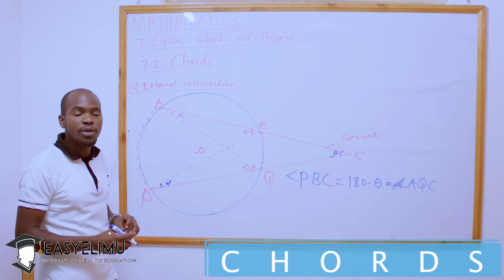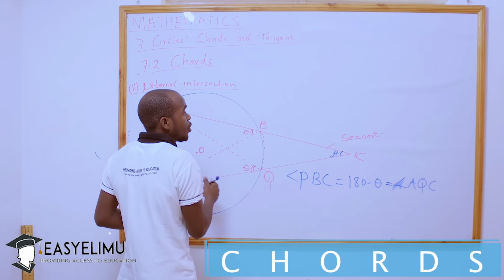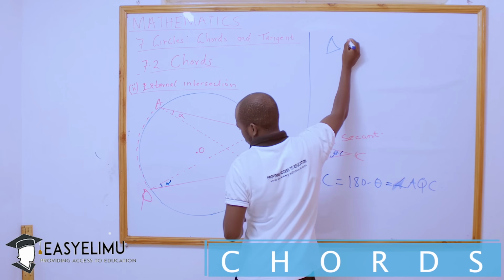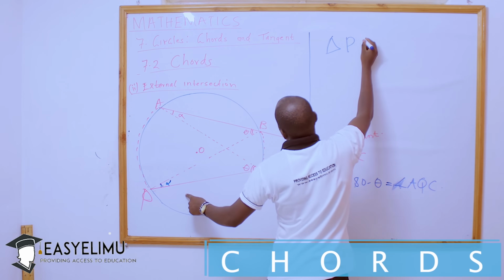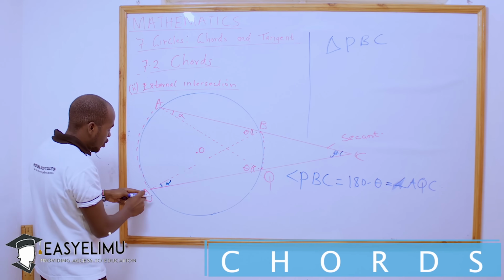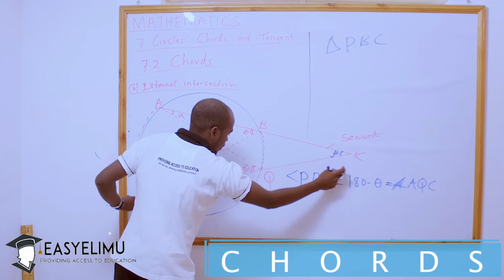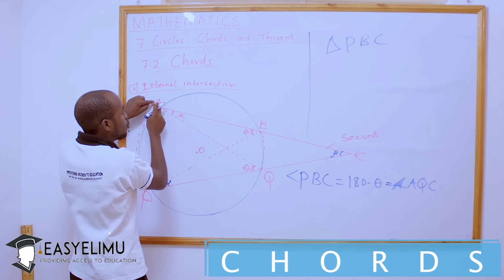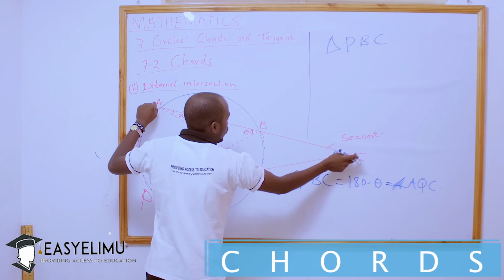So we shall find out that this triangle PBC, I mean triangle PBC, the whole triangle here, is equal to the other triangle AQC.